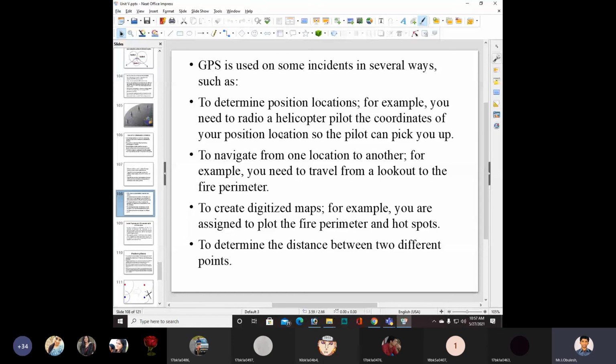So the first point, to determine position locations. Second, to navigate from one location to another. Third, to create digitized maps. And the last one, to determine the distance between 2 different positions.